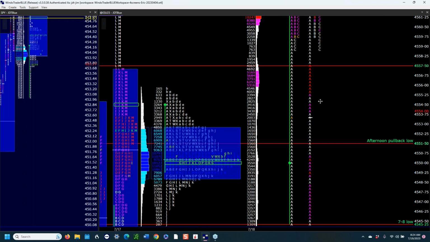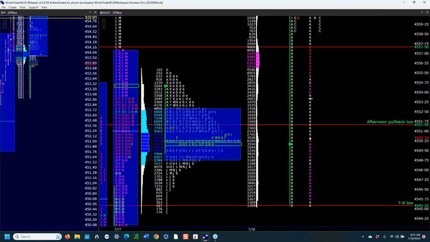The volume for the first half hour of trading yesterday was the heaviest that I have seen in some period of time. It was probably 30 or 40% above what we've been seeing. That was a really important indicator yesterday, that volume was heavy early on. I told you the market was very aggressive early on.